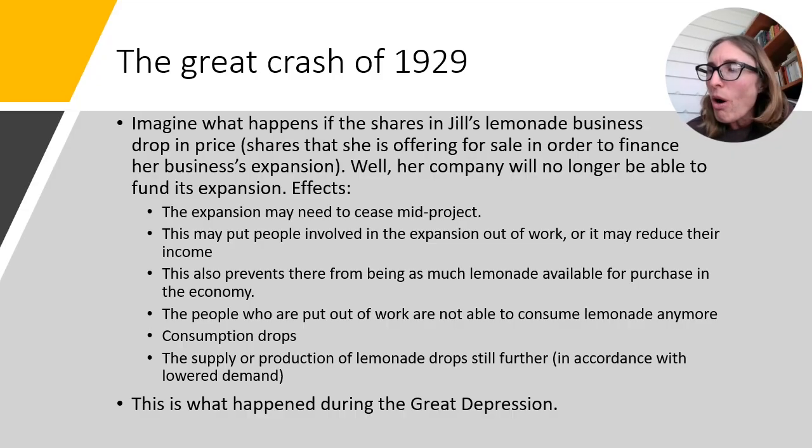We saw a whole range of indices dropping, production dropping off, consumption dropping off, problems with the housing market, foreclosures and the like. All because of speculation and its effects on the real economy.